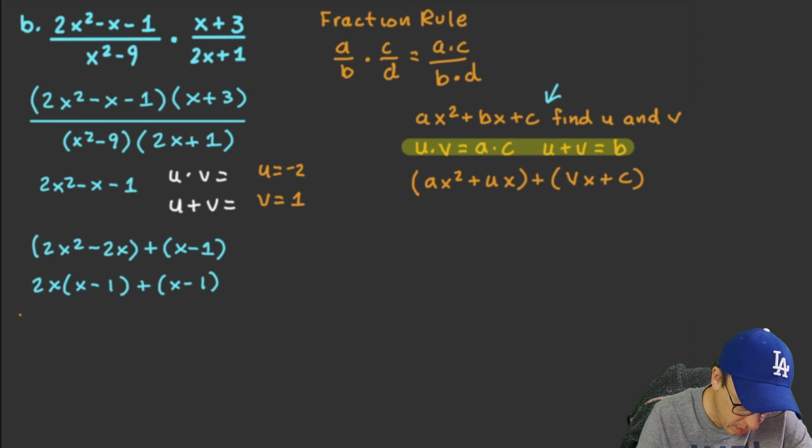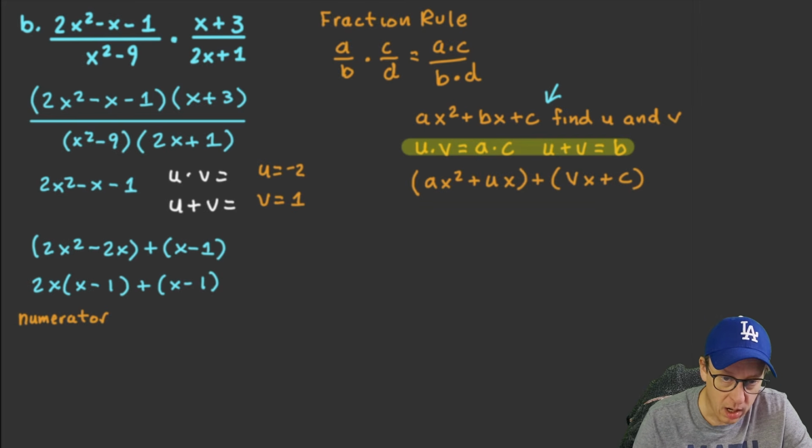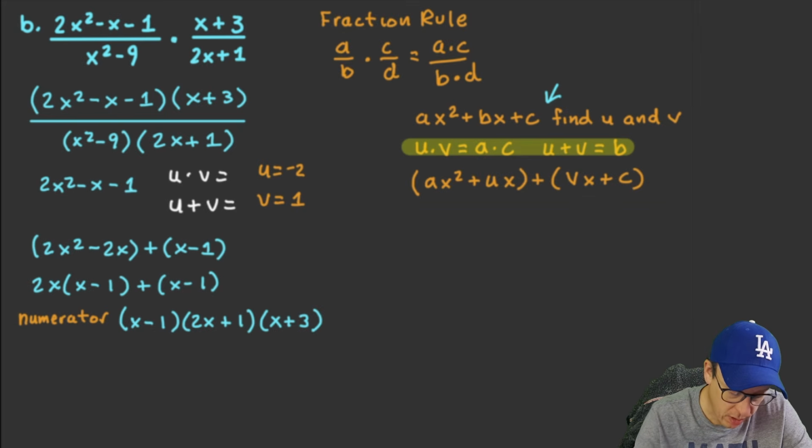So we'll write numerator based off of what we had previously. Our numerator is going to end up being equal to x minus 1, 2x plus 1, and x plus 3, which all comes from this guy right here.